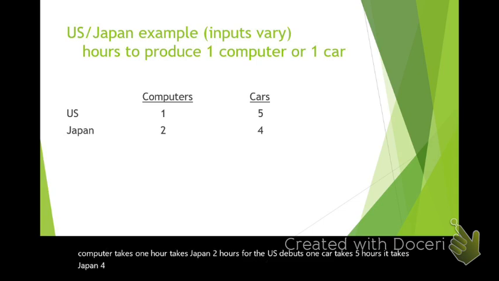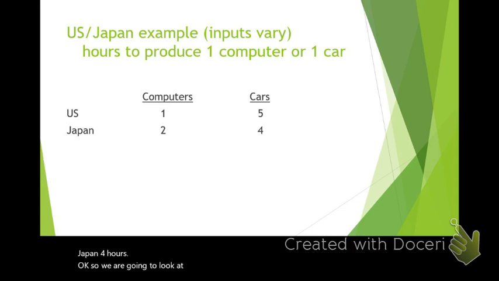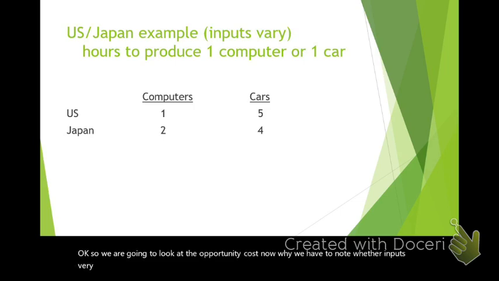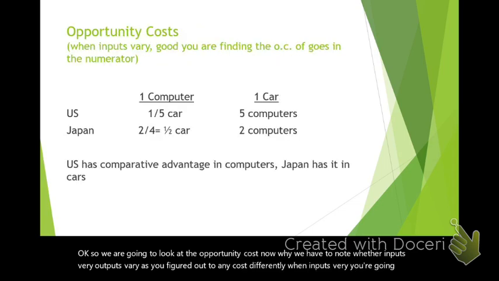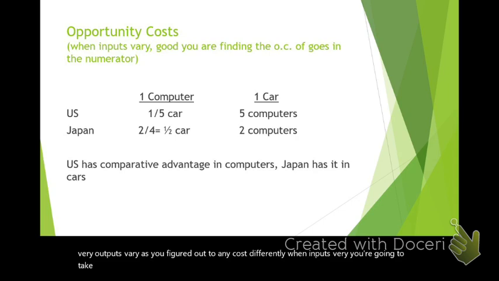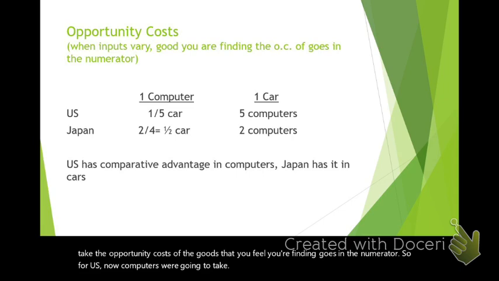Okay, so we are going to look at the opportunity cost. Why we have to note whether inputs vary or outputs vary is that you figure the opportunity cost differently. When inputs vary, the good whose opportunity cost you're finding goes in the numerator. So for the U.S. and computers, we take the one computer, 1 hour, and divide it by 5 hours.